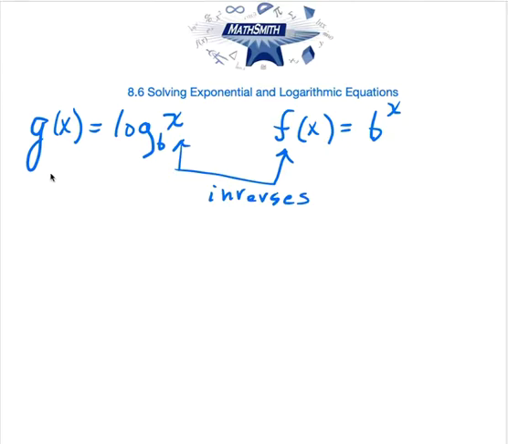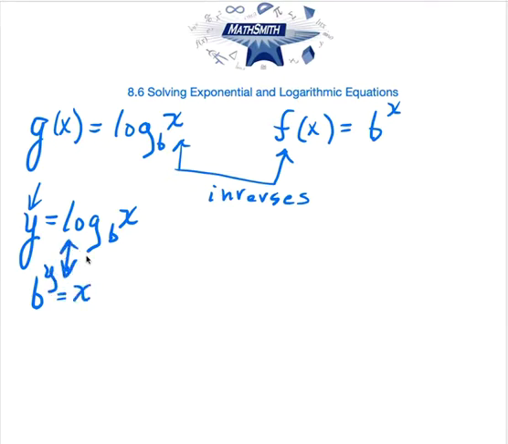Because if I use y equals log base b of x instead of g of x, what does this mean? Remember, the answer to a logarithm is an exponent. These two things are equivalent. If I flip the b and the x around, then I essentially have y equals b to the x, which is the inverse. So that's why they're inverses.